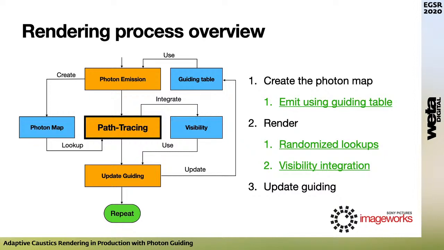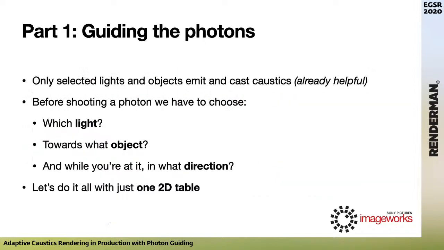And once path tracing is done, we get to update, to compile the visibility, to update the guiding table that we're using, which is the only thing that survives from render pass to render pass, because the photon map is always new. So we're going to explain what these new things are that we're adding.